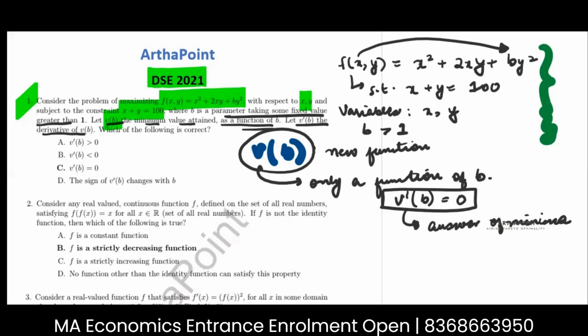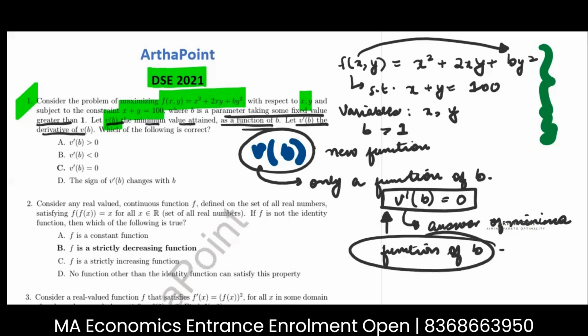So if you have a function for which you want to find the minimum value, what will you do? You will find the derivative of the function and equate it to 0. And that derivative that you will find will also be a function of b. Only that will give you b star. Isn't it?